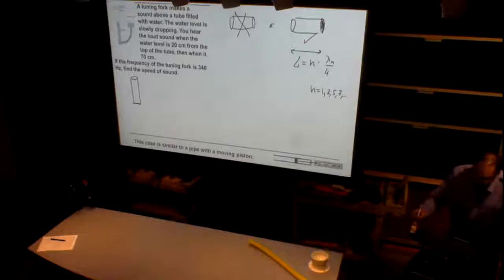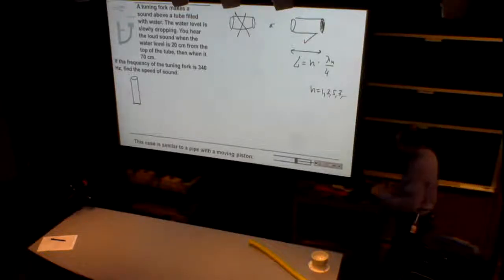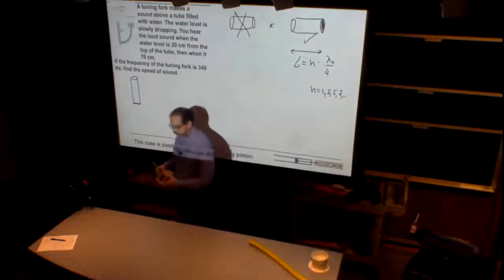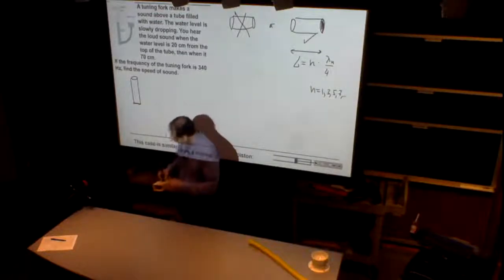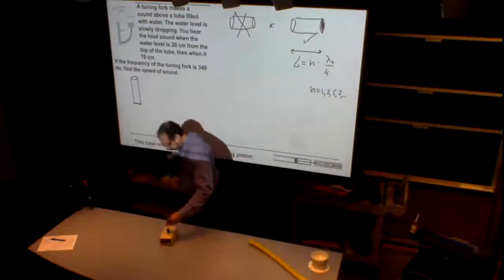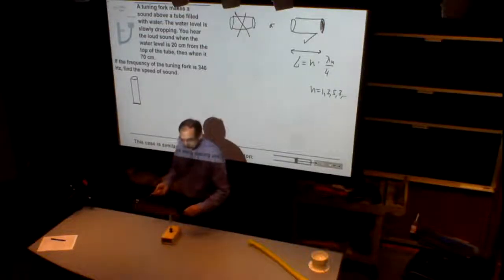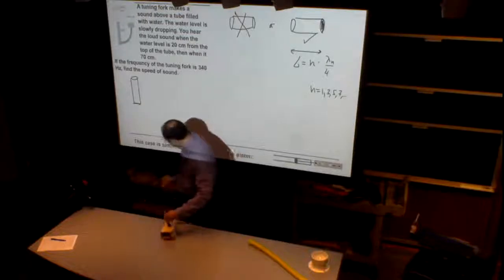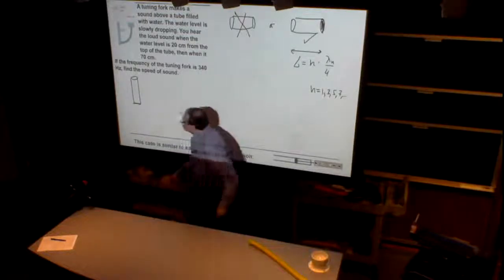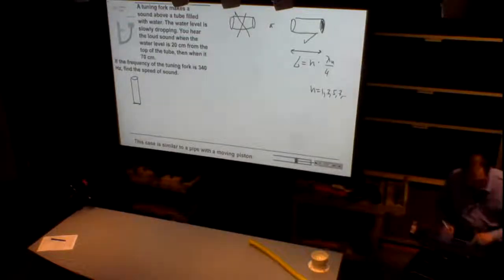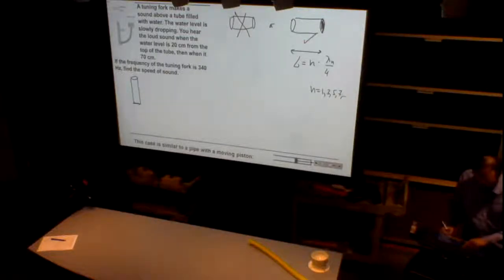Now, tuning fork generates a sound with a specific wavelength. Specific frequency, specific speed. Speed is given by the environment, and that's what I think we're looking for.